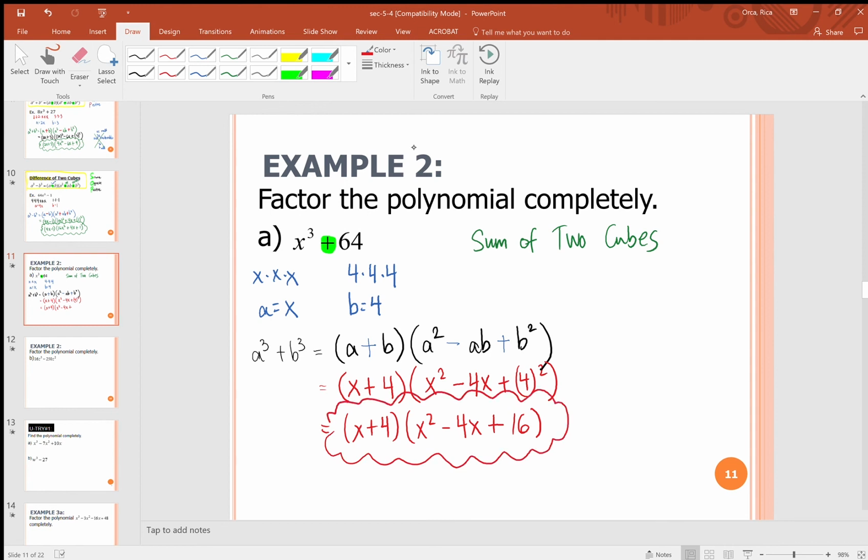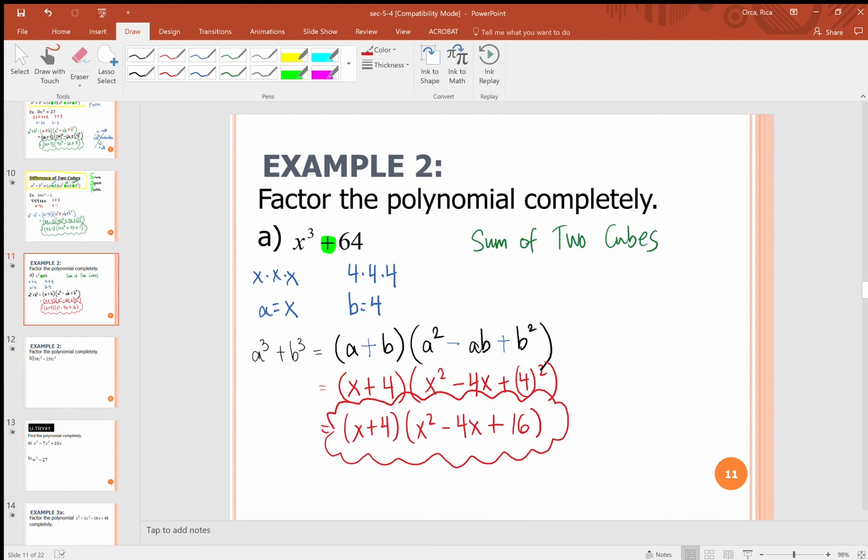So when you factor x to the third plus 64, you'll get x plus 4 times x squared minus 4x plus 16. And once again, the trinomial is not factorable.